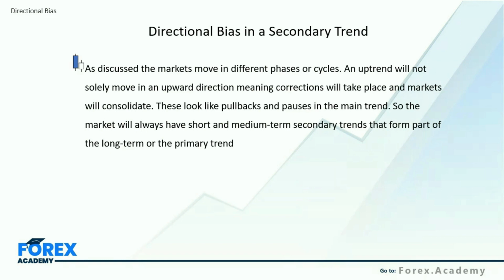The market will always have short and medium term secondary trends that form part of the long term or primary trend. So it's important to be aware that if you're trading the primary trend, you're going with the overall move of the market. And if you're trading a secondary trend, then you are effectively trading the correction or the pullback.